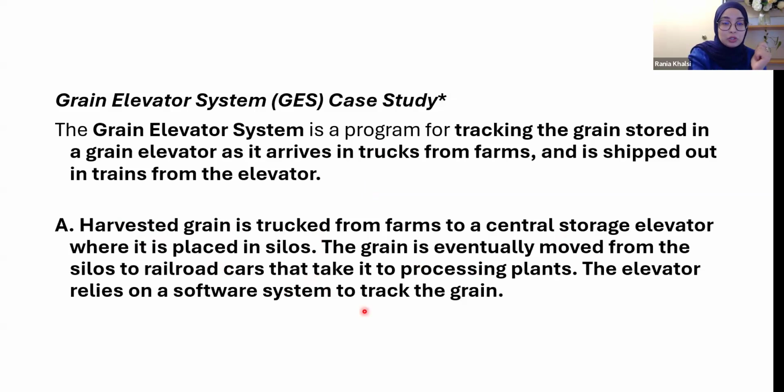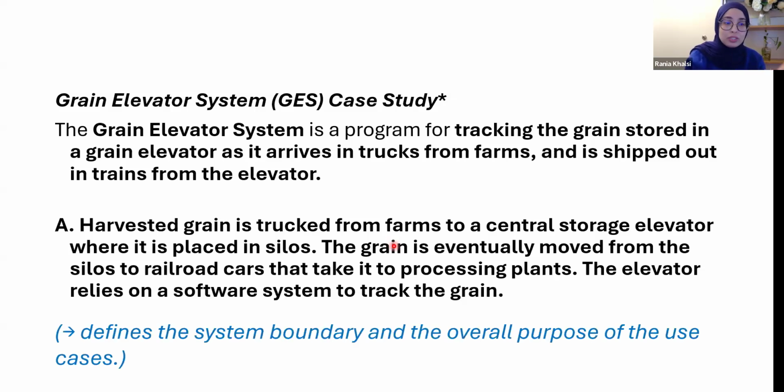The grain is eventually moved from the silos to railroad cars that take it to processing plants. The elevator relies on a software system to track the grain. So in this first paragraph, we are introducing our system. Here you have the definition of your system boundaries, and you can capture the overall purpose or idea of your use cases. So how to represent that?